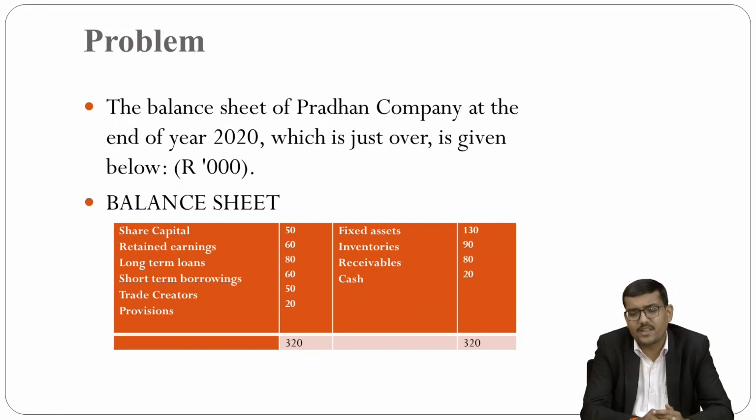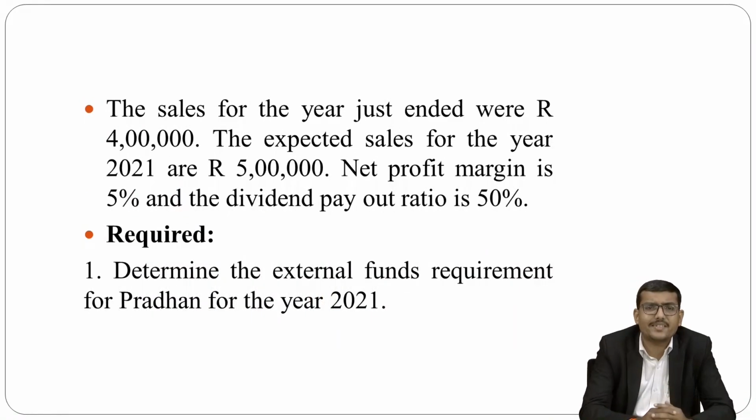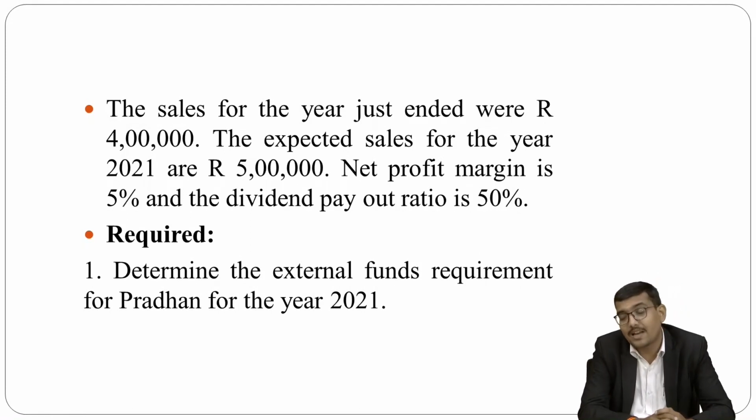Then on the asset side, fixed assets are 130,000, inventory 90,000, receivables 80,000, and cash is 20,000. So the total will match. In that, they state that the sales for the year just ended were rupees 4 lakh, and the expected sales for the year 2021 are rupees 5 lakh.